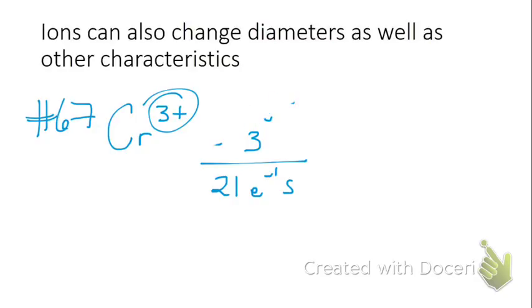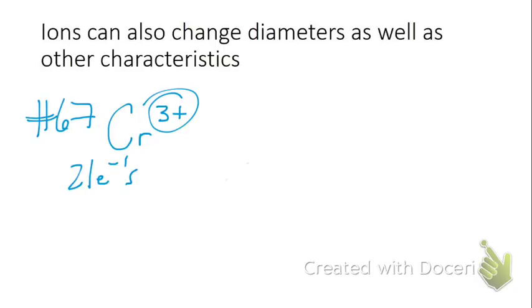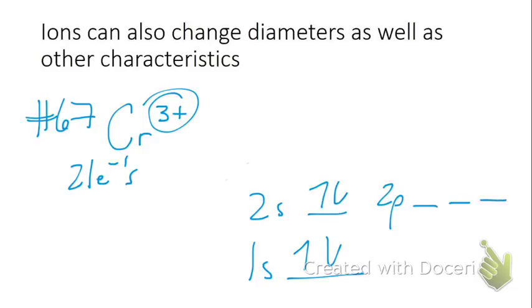So let me go ahead and erase this, and I will rewrite it over here. 21 electrons. So again, Aufbau principle, we have 1s, 2s, 2p. So we have 10 electrons. 3s, 3p.